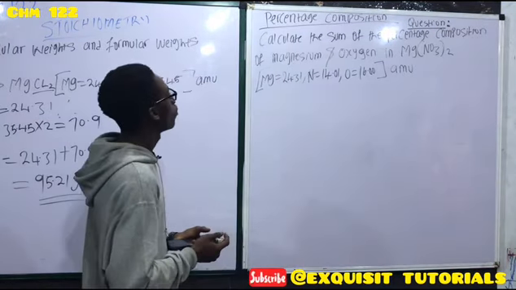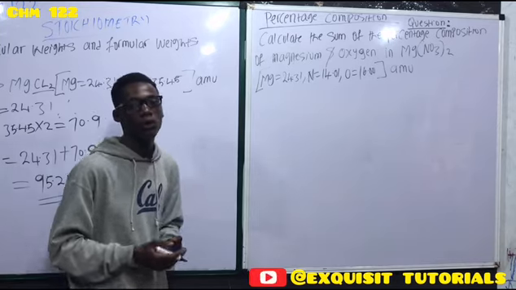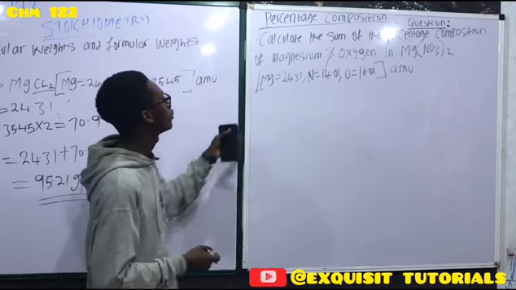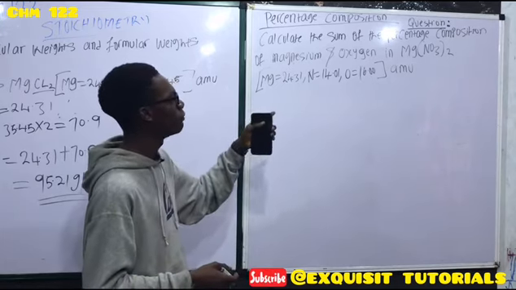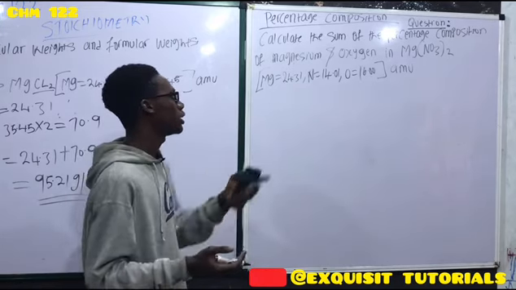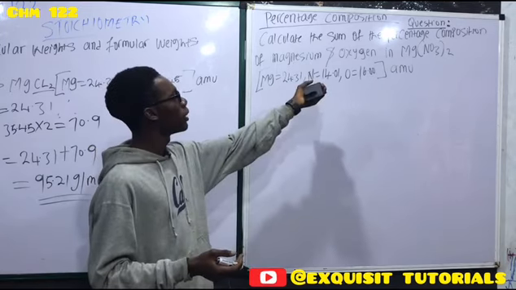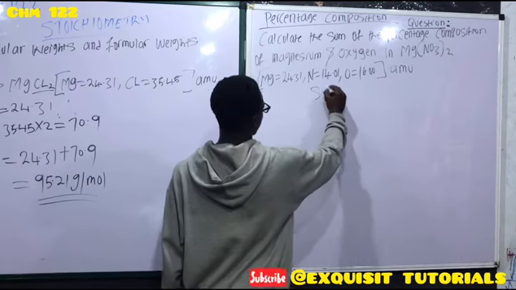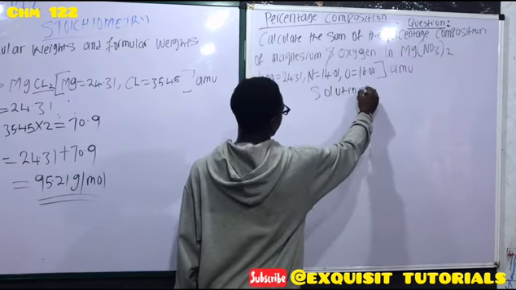Now we have a question here for me to show you how to explain this chapter. Alright, so they say calculate the sum of the percentage composition of magnesium and oxygen in Mg(NO3)2.